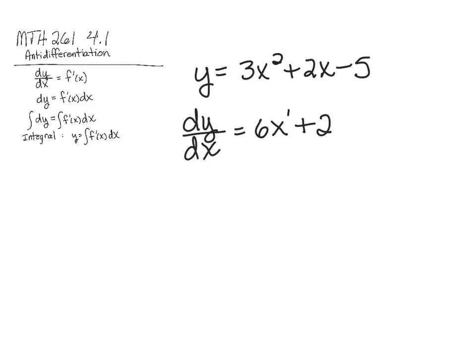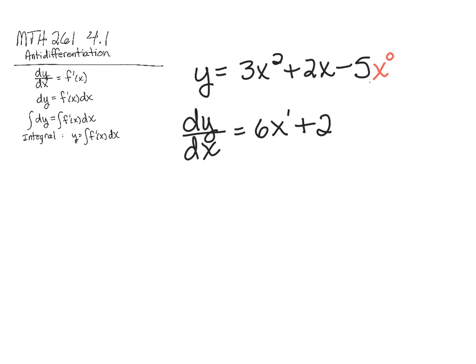And now what about the derivative of the constant? This guy right here. Remember, derivatives are rates of change. And if negative 5 is always negative 5 and it never changes, then what's its rate of change? 0. But another way to look at it is that if we have a constant, we have the constant times x to the 0.